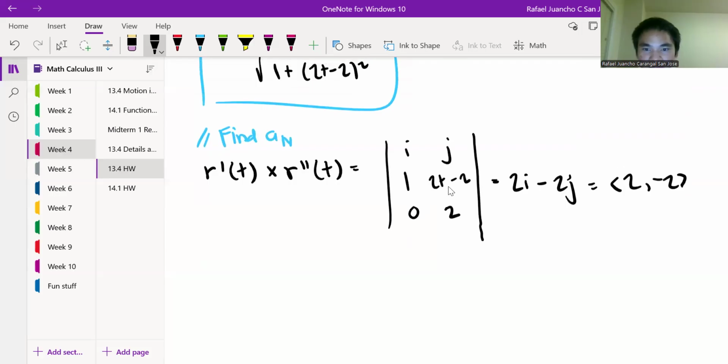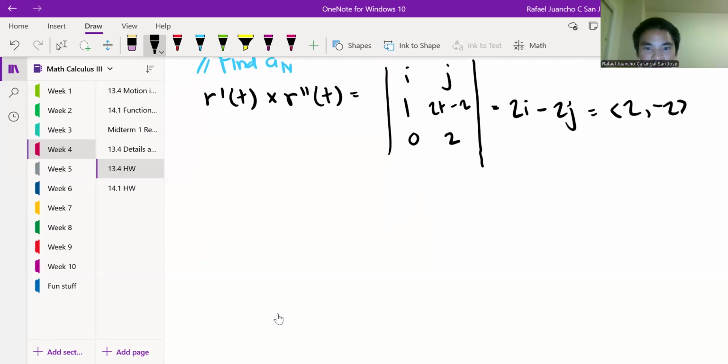How in the world do I get a cross product here? A sub T, A sub N in terms of, yeah.